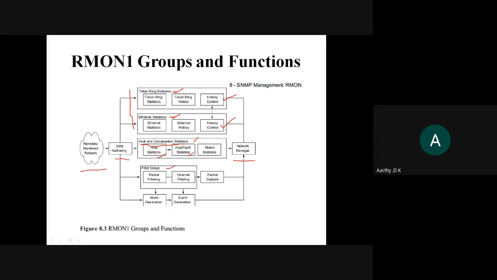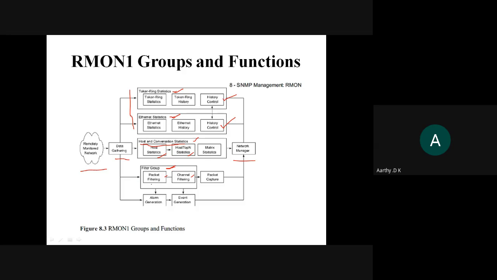Next we'll see the filter group. The filter group contains packet filtering and channel filtering. What the packet filtering will do is filter all the incoming packets, that is, all the data that is entering into the network.